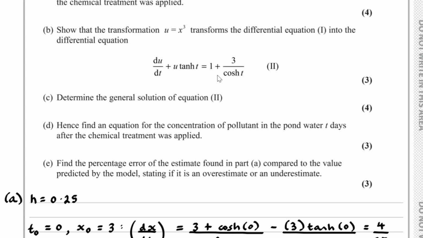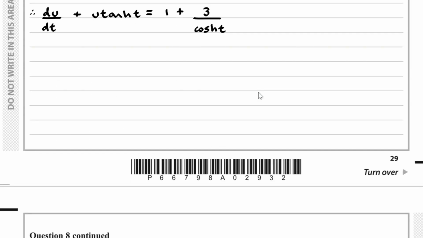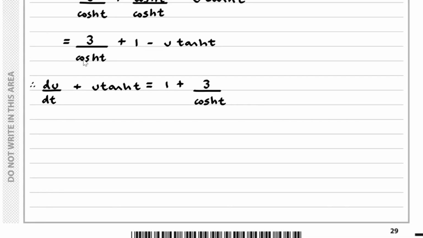And now we have to find a general solution to this differential equation. Now, for us to find a general solution, we can use the integrating factor method. So for the integrating factor method, the integrating factor is equal to e to the power of the integral of tan t dt.